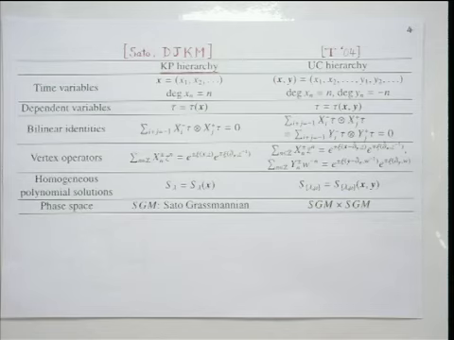So the algebraic theory of the KP hierarchy was established by the Kyoto School, by Sato, Date, Jimbo, Kashiwara, Miwa in the 80s.